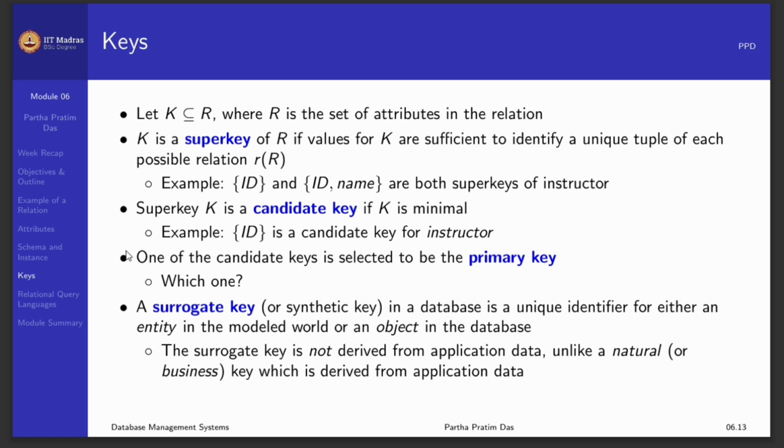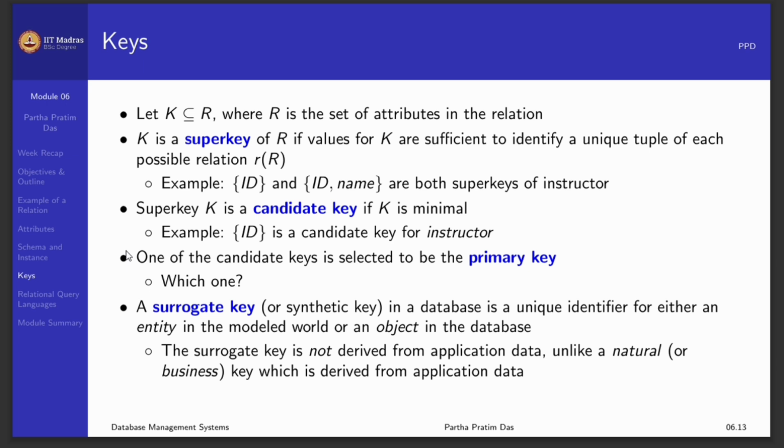When we query the whole relation, we can query for different kinds of requirements and by applying different kinds of logical constraints. So the concept of key should be applicable for all instances of the relation R. That's why we say that a set of attributes, let's suppose K, will be said to be a super key of the relation if values of K are sufficient to identify a unique tuple of each possible relation R.